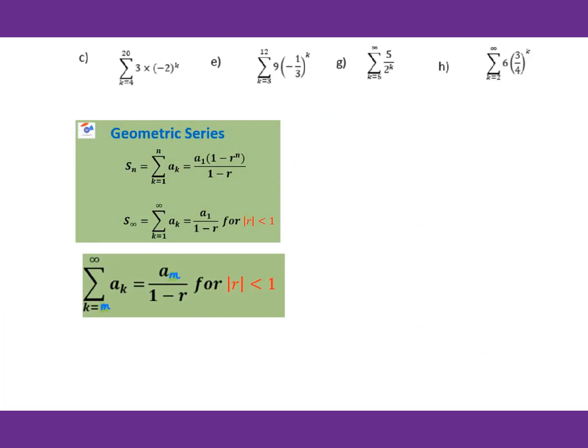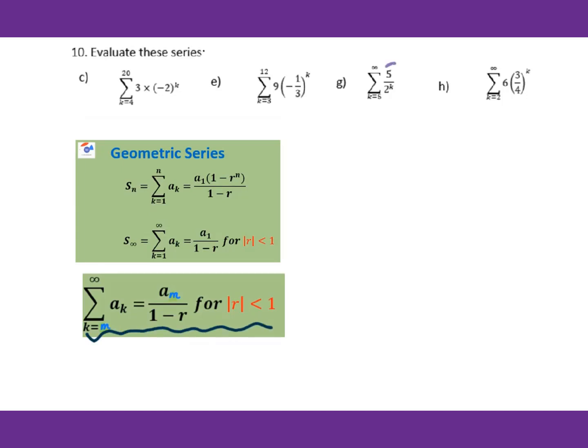For G, it's looking for the infinite series for a geometric sequence. This will be the formula we've got to use. We know this is an exponential function. Let's change it into exponential function standard form.